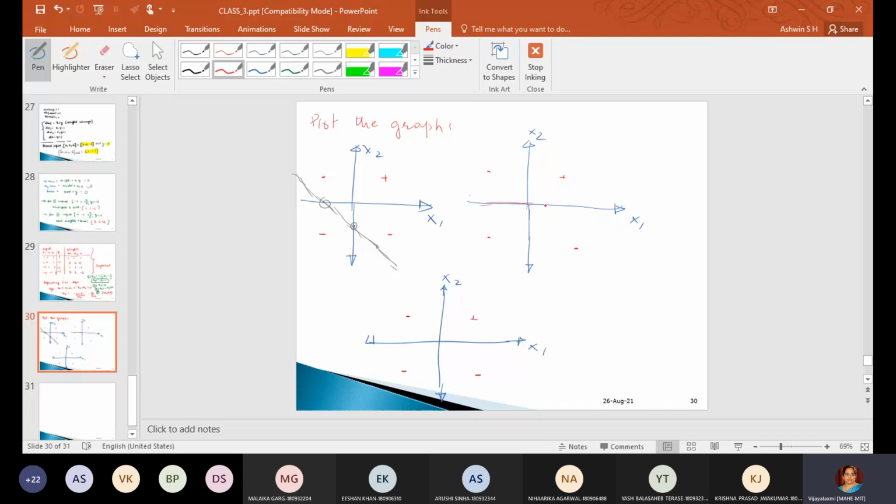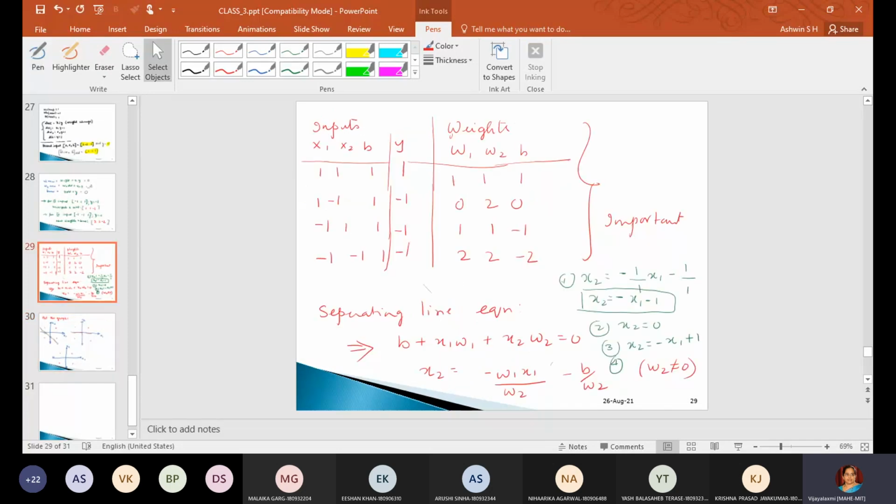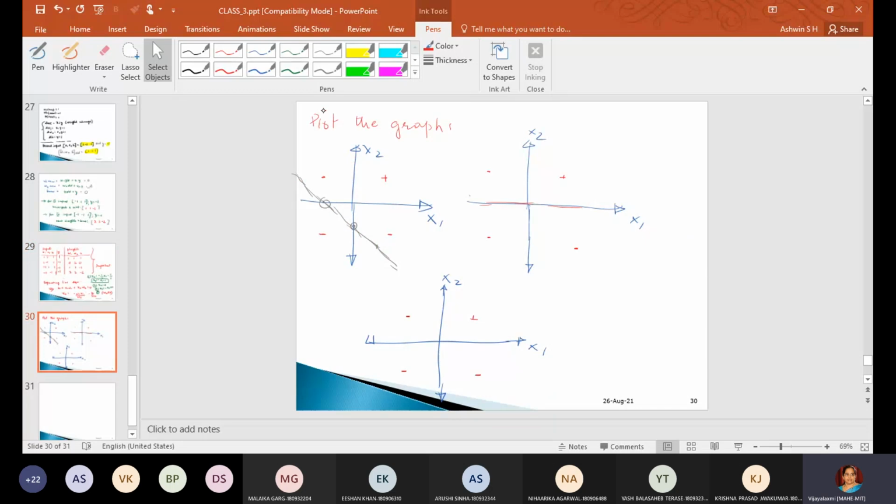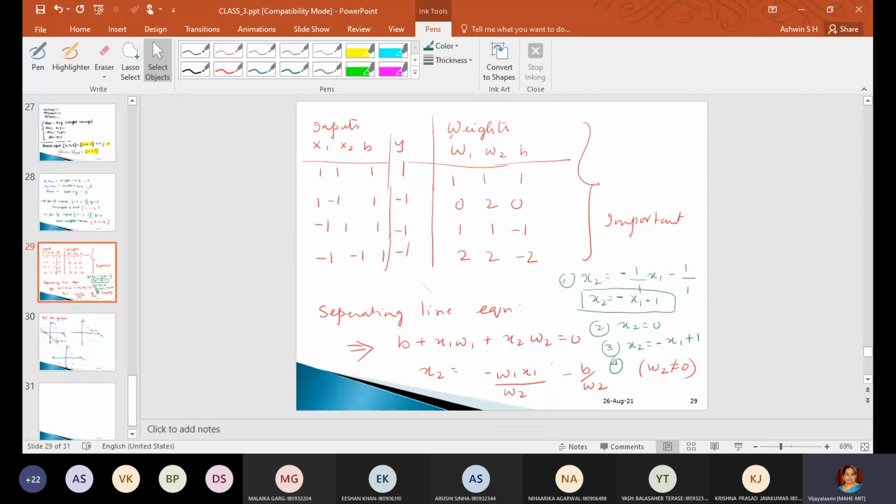So here x2 is equal to minus x1 minus 1, and x2 is equal to 0. The third one, what is that line? The third and fourth, x2 is equal to minus x1 plus 1.